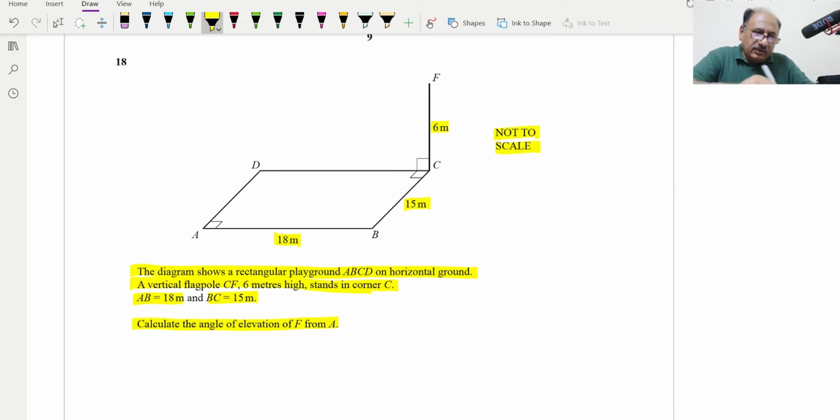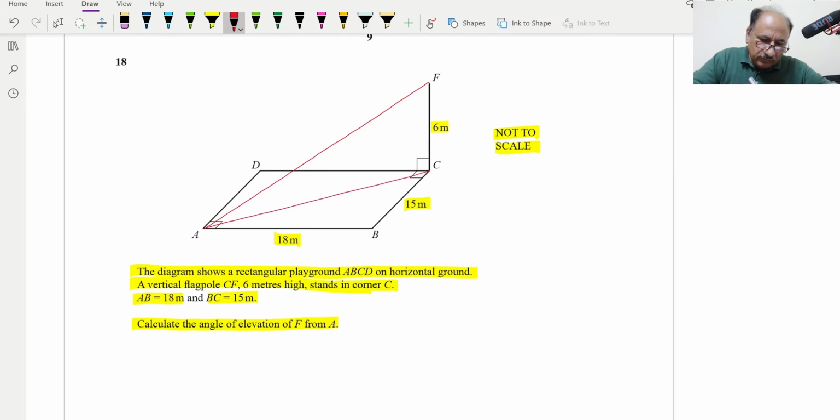For that angle of elevation, we will draw the angle so that you should get the concept of which angle we are finding. With the base we need to find. If we join AC, we will get the diagonal of the base.